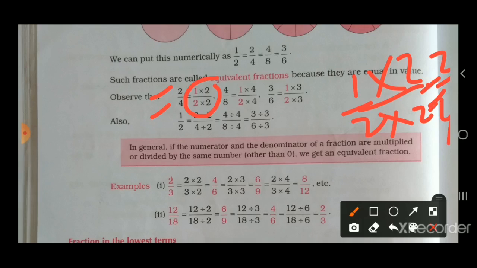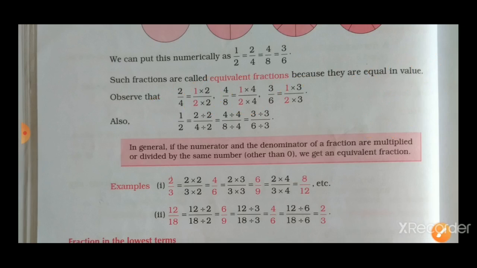Again, if you take 4 in multiplication with 1 upon 2, you get 4 upon 8. And if you take 3, the equivalent fraction is 3 upon 6. In division also we can get the equivalent fraction.